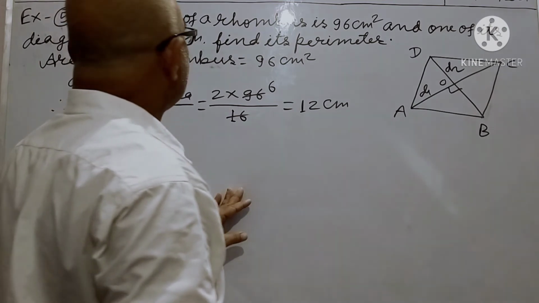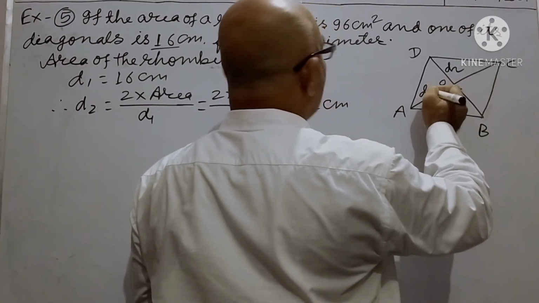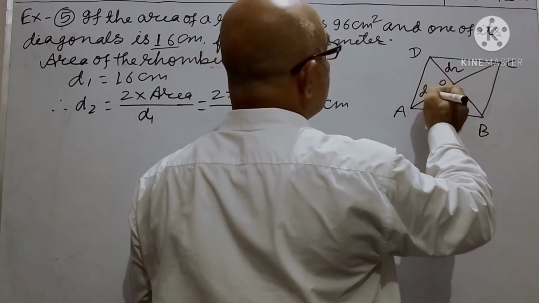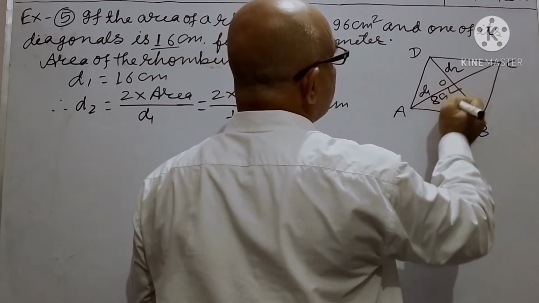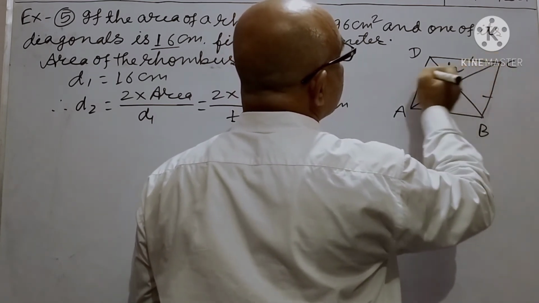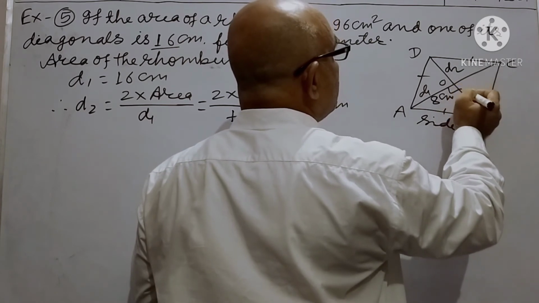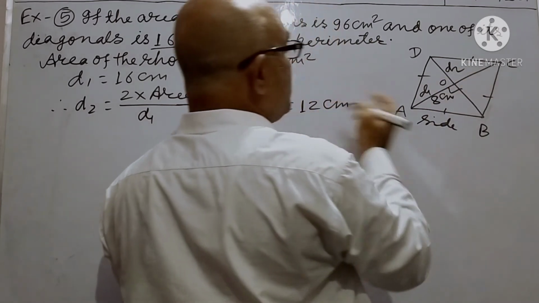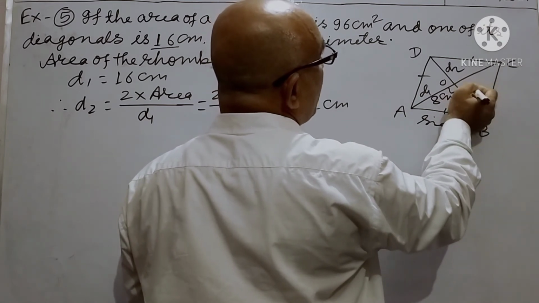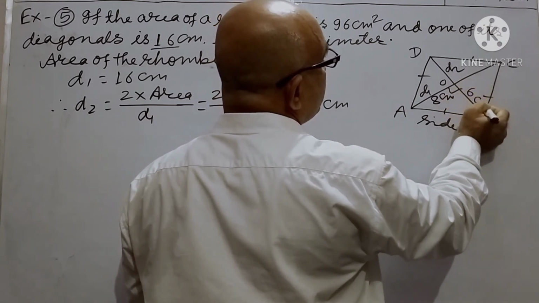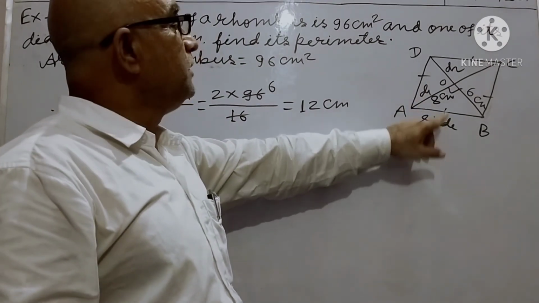Diagonals bisect each other. That means OA equal to half of 16, so 8 cm. D2 is 12 cm, so OB equal to 6 cm.